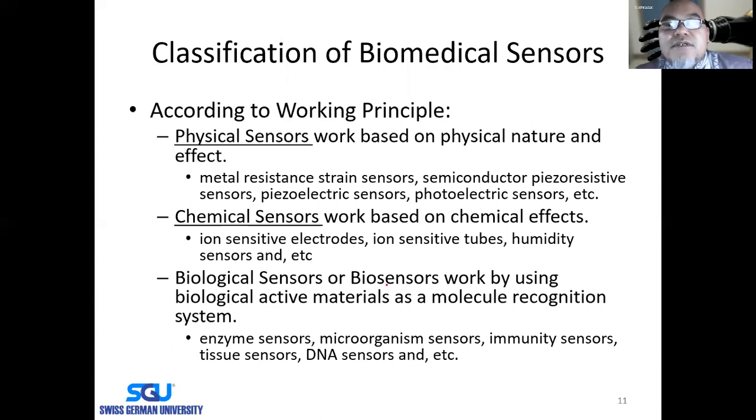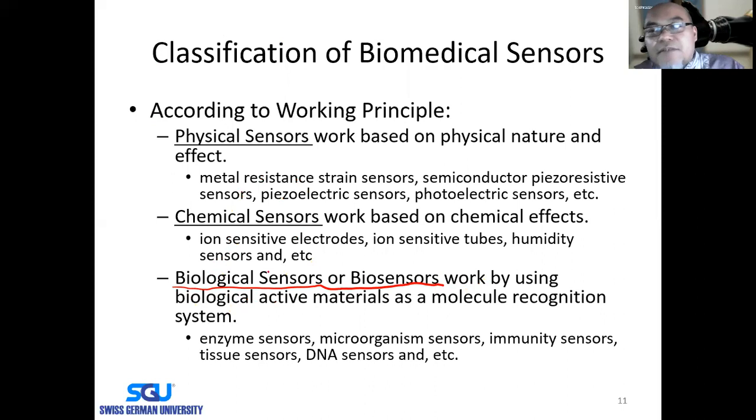Then biological sensors or biosensors work by using biologically active materials as a molecule recognition system.